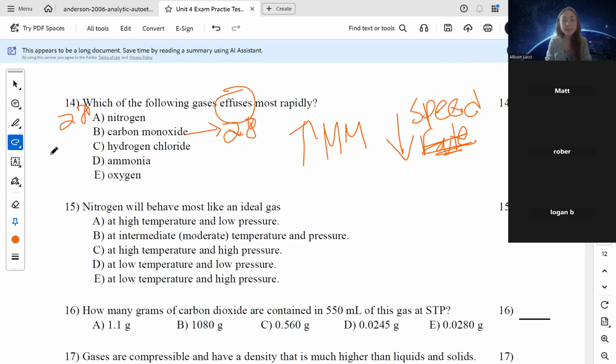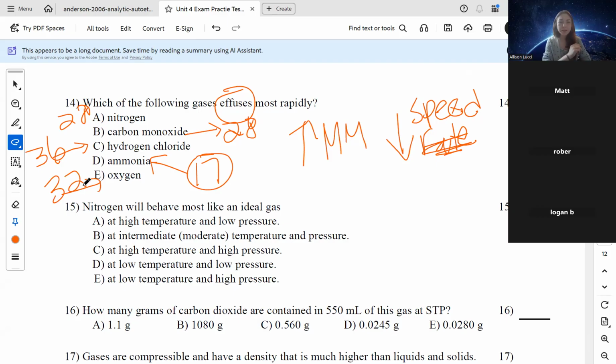Hydrogen chloride, this is just HCl gas. This would be 1 plus 35, so like 36 point something. Ammonia, that's 14 plus 3, so 17. So far ammonia is the lightest. And oxygen would be 32, 2 times 16.